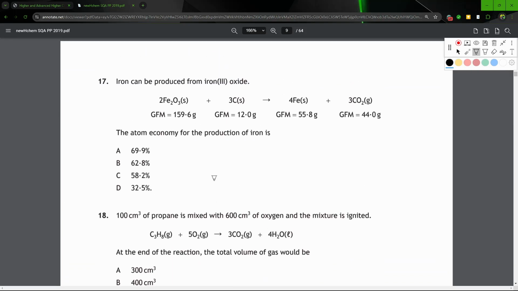I will move on to 17. Iron can be produced from iron(III) oxide. The atom economy for this production of iron is what?